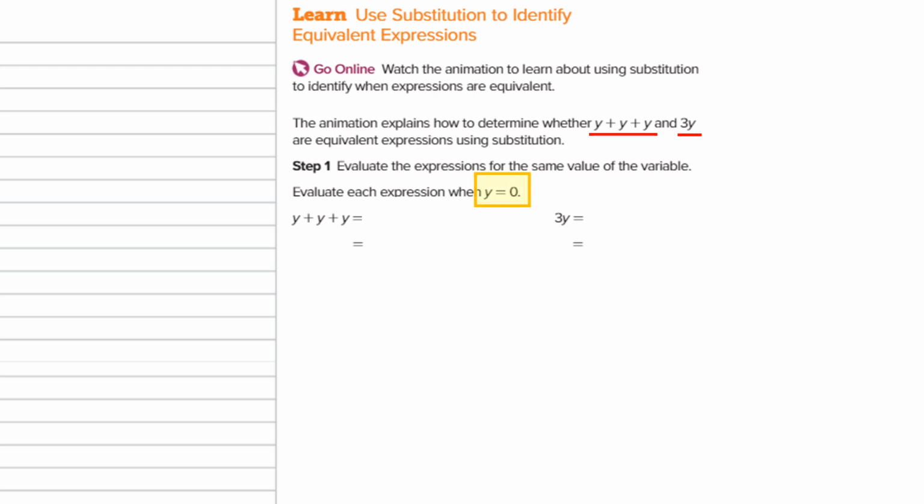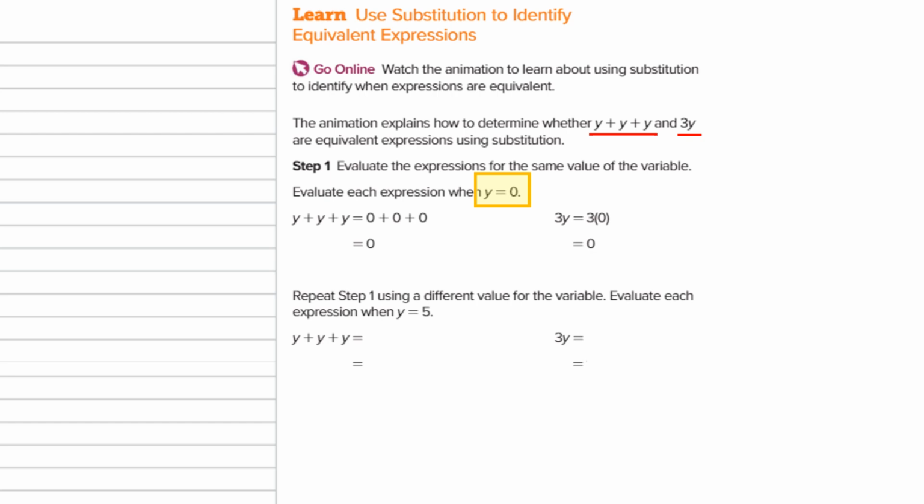So one of the ways that we can figure out if they are equivalent one to another is by plugging in a number for the variable. So here they say, well, try it with a 0. If y is equal to 0, then instead of y plus y plus y, I would have 0 plus 0 plus 0, and that is 0. Instead of 3 times y, then I would have 3 times 0, and 3 times 0 is 0. So it indicates that those are indeed equivalent.